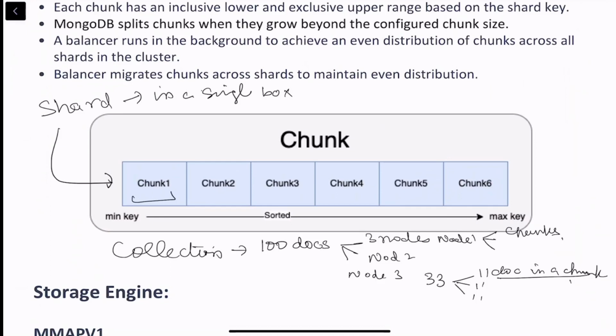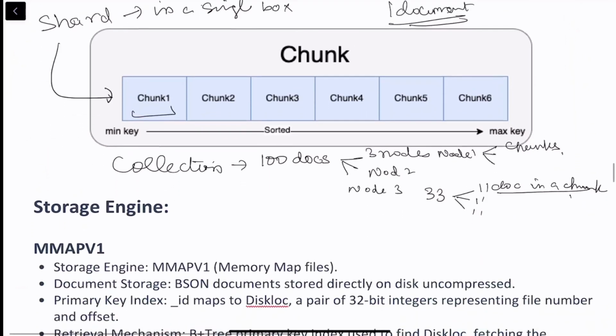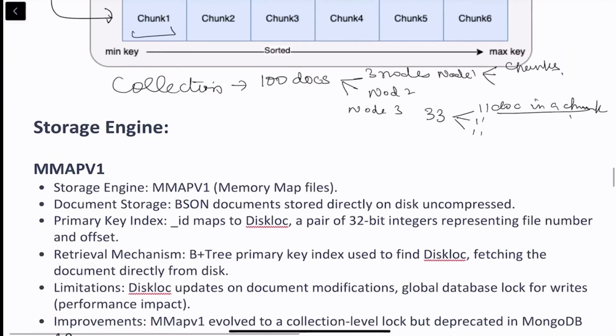So at the least, a chunk can have only one document, and we cannot break a document into multiple chunks. This introduces an interesting aspect to our chunk management, and it ensures that our chunks are handled intelligently to maintain efficiency. Now let's delve into the intricacies of storage engines.